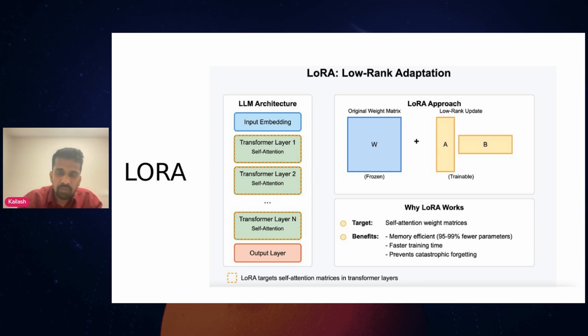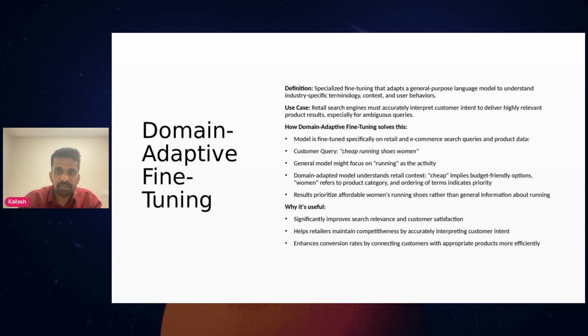The original weights will be frozen as they are, but the delta to the original weight will get decomposed into two trainable smaller matrices, and then it gets updated. That's why this method is getting more popular. And also this is more efficient in terms of the performance and the time it takes to train.